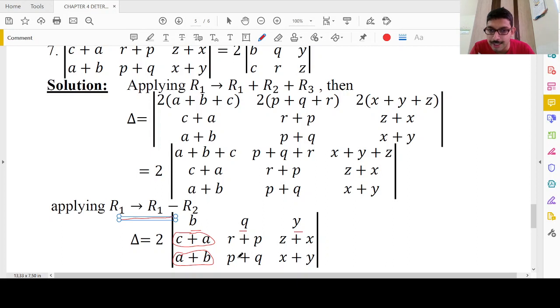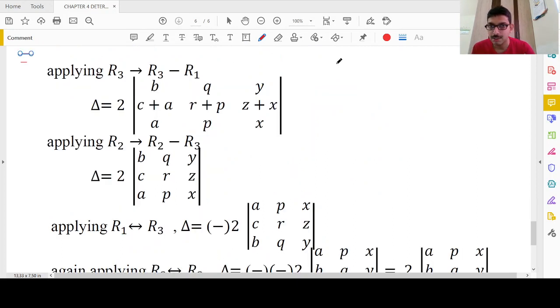In that case we get APX in the third row. Now in the second row we got B here, A here, and we have to get C. To get C you can subtract R2 from R3. If we apply R2 changes to R2 minus R3, we will be getting C, R, Z, and A, P, X will get cancelled.